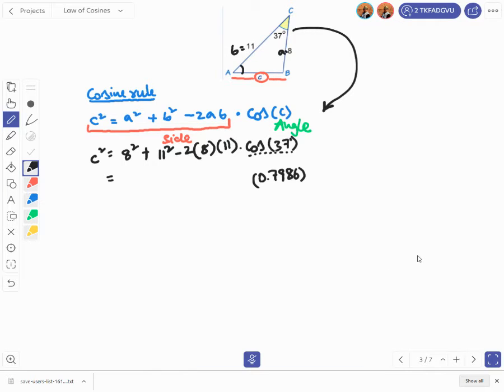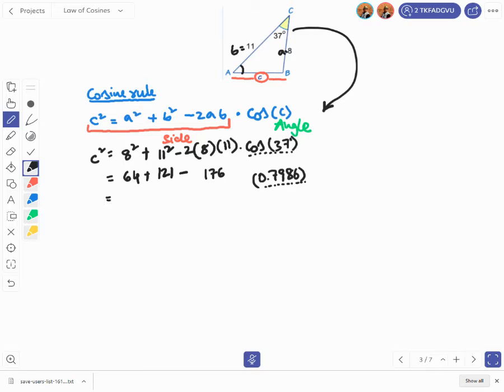Well, now here 8 square is 64, 11 square is 121, times 2 times 8 times 11, that is 16 times 11, which is 176, multiplied by 0.7986, the value of cos 37.